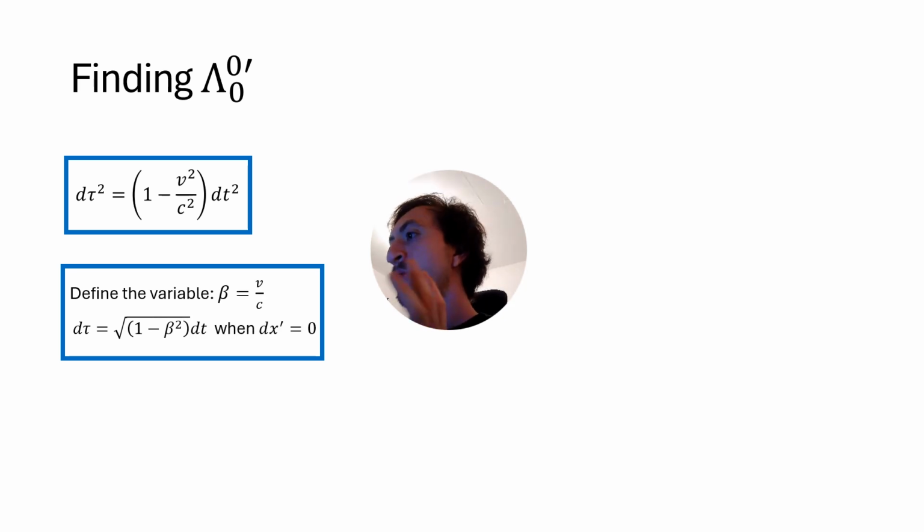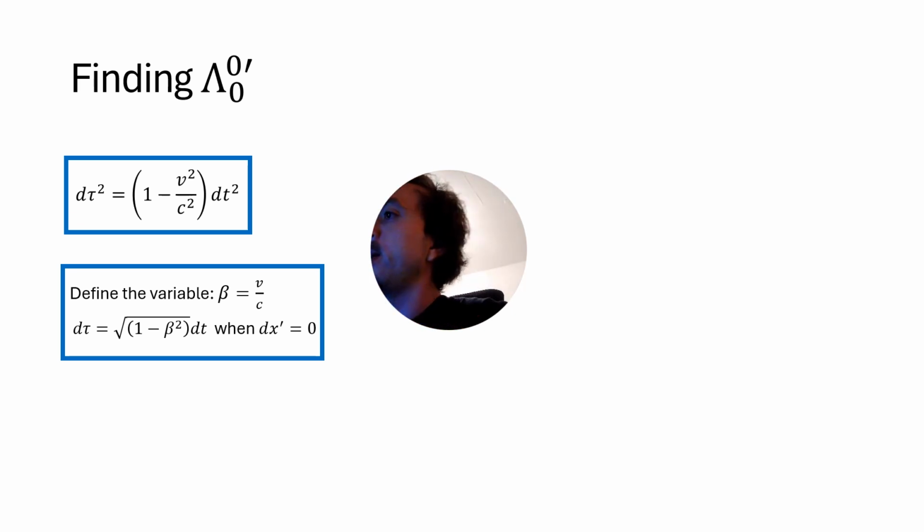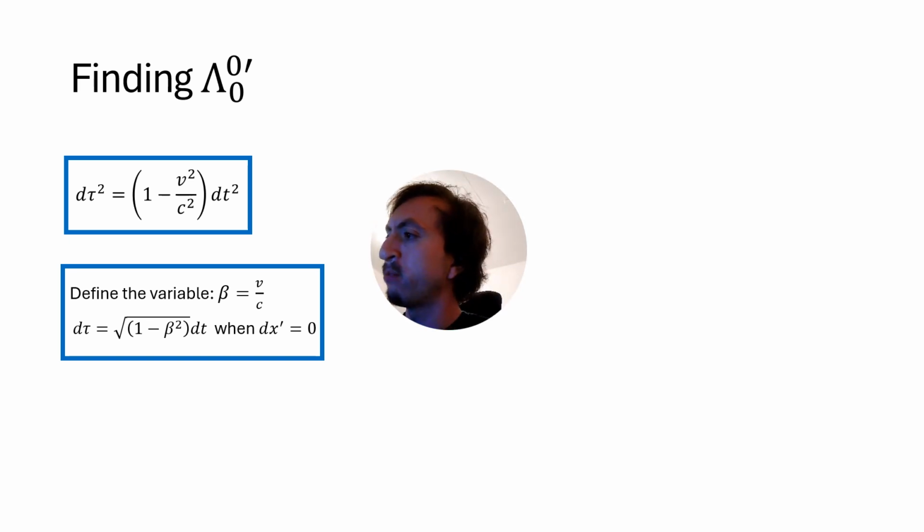So, our setup is this: instead of dt prime, if we write d tau, tau is just another symbol in this case for t prime. I'm using tau because I want to make more and more use of the term proper time.